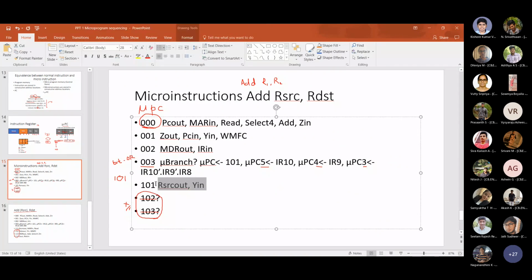Okay, so at 101 you had written our source out, Y in. Okay, so that's what it is at 101, our source out, Y in. Then at 102, you have another micro branching.